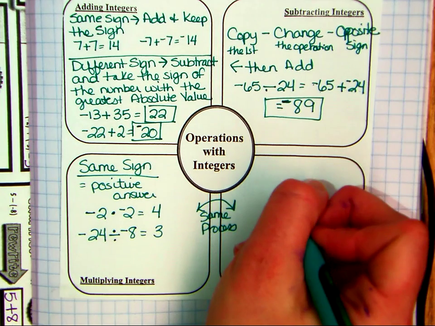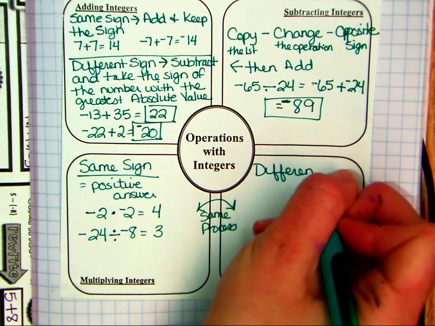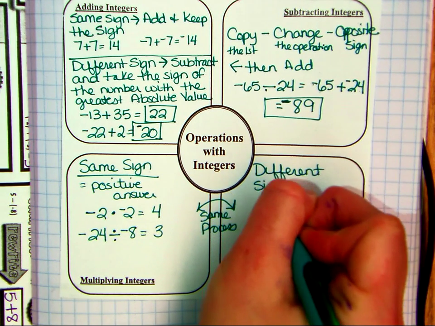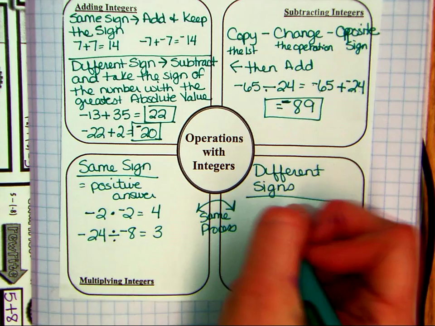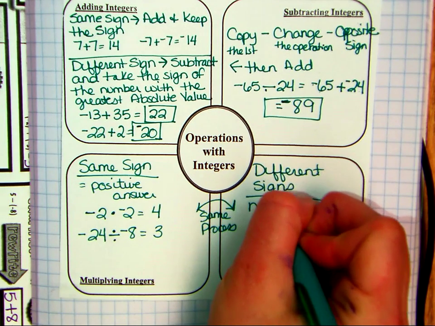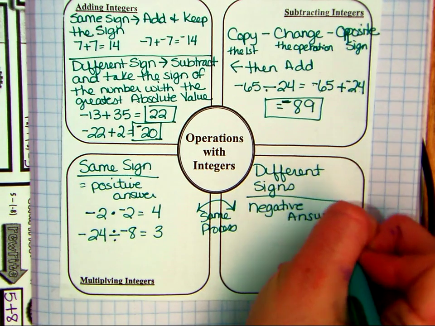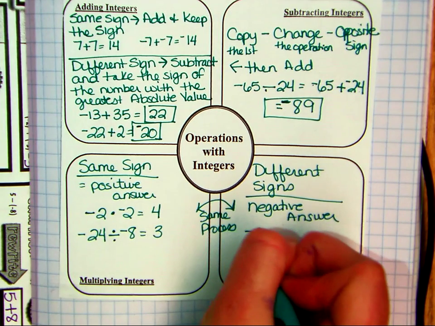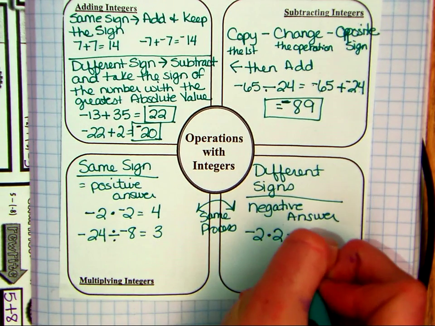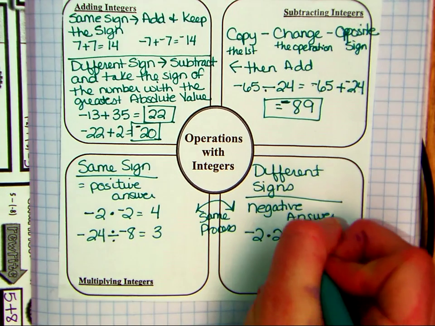Now, sometimes though, you will get different signs. When you have different signs, your answer will always be negative. So let's look at some examples. -2 times +2. 2 times 2 is 4.